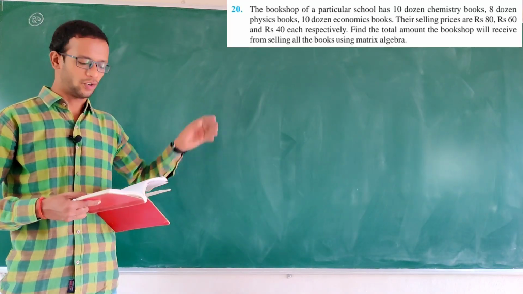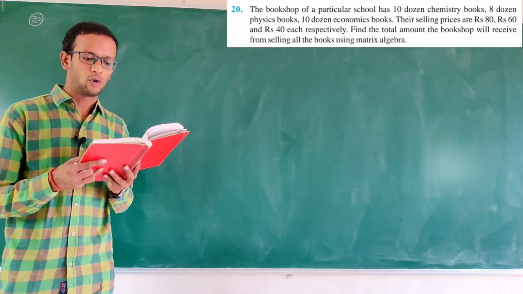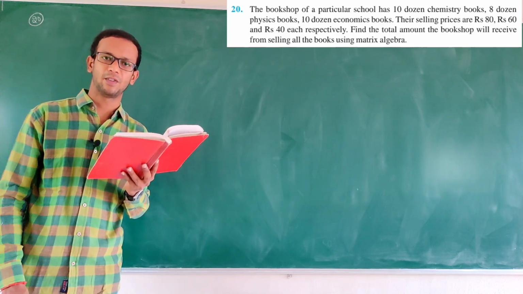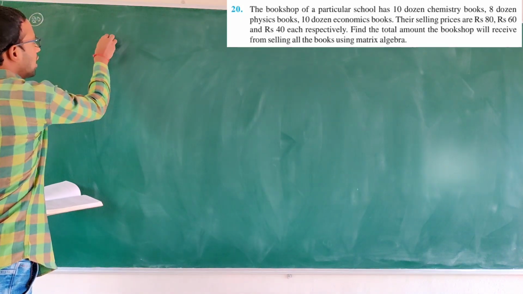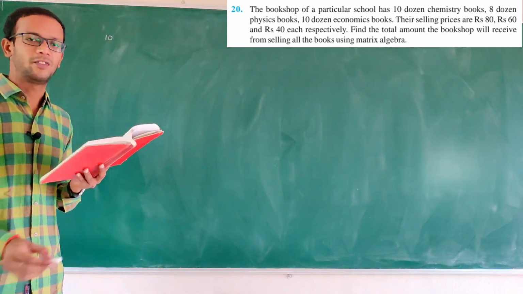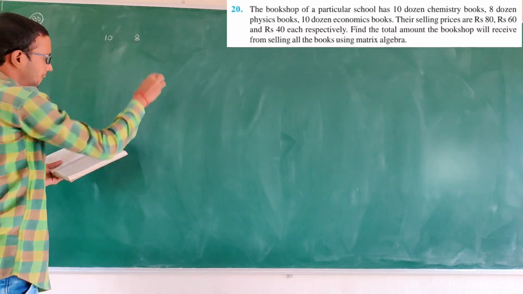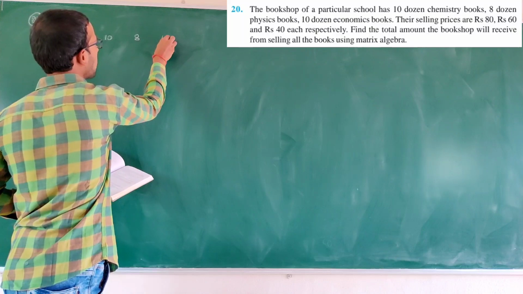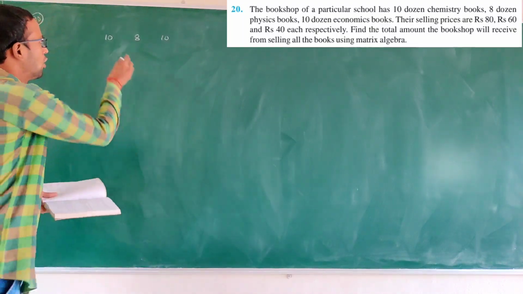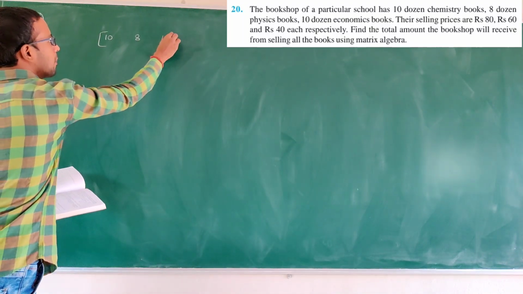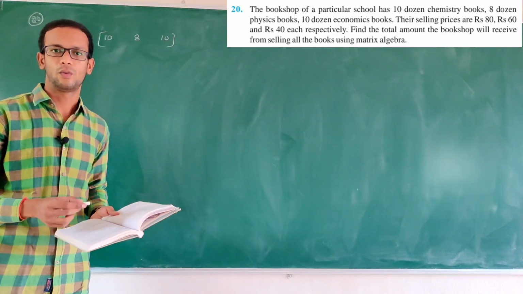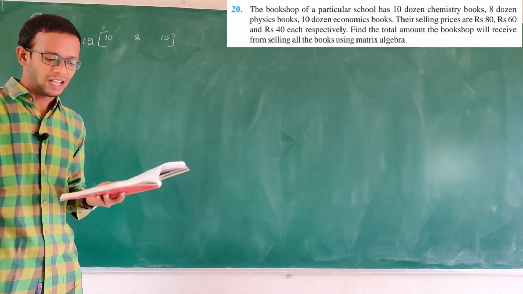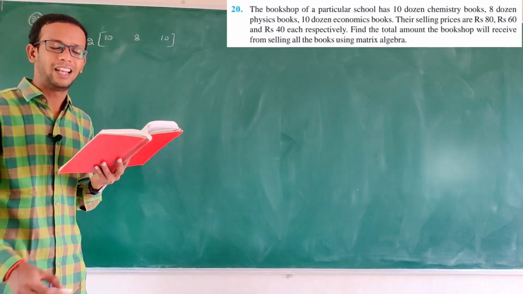Next, question number 20 I displayed here. The bookshop of a particular school has 10 dozen chemistry books, 8 dozen physics books, and 10 dozen economics books. So dozen means how many? 1 dozen is equal to 12. So 10 dozens means multiply every element with 12, and he received the selling price.